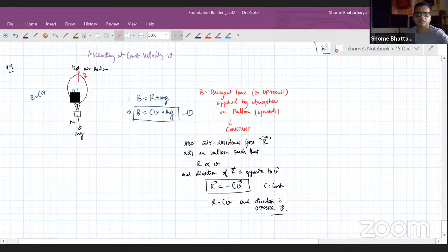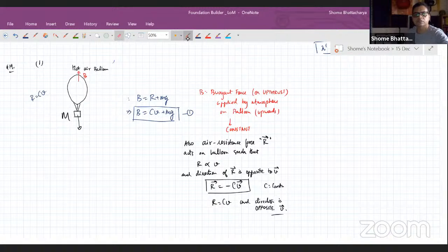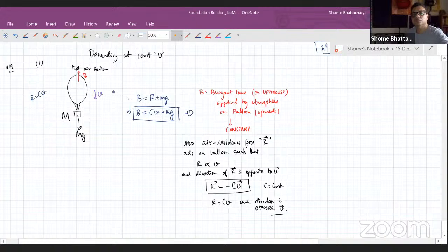In the first case, when we had suspended the mass, that mass is given as capital M. So in the first case, when we have suspended the mass capital M over here, the balloon happens to be descending at constant velocity, coming down at constant v. So it has a downward direction of motion, and the acceleration is zero because the velocity is constant.